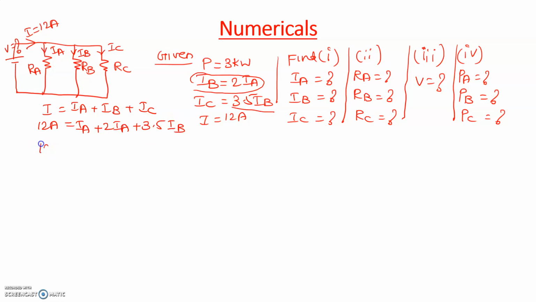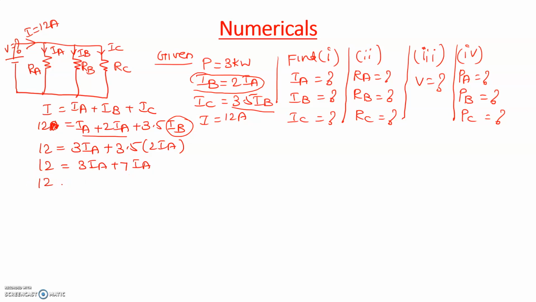So 12 amperes is equal to 3IA plus 3.5 IB. Further, IB can be written as 2IA. So 12 equals 3IA plus 3.5 into 2, that is 7IA.